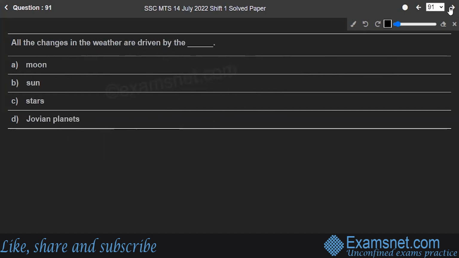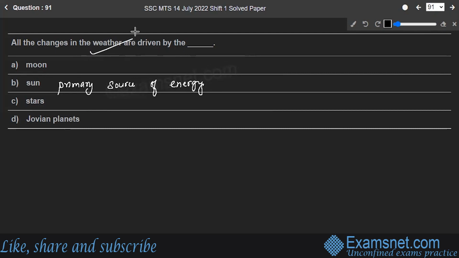Let's move to the next question, number 91. All the changes in the weather are driven by moon, sun, stars, or Jovian planets. Well, what according to you is the correct answer? Yes, I know everybody knew the answer to this question. It is the sun. Sun is the primary source of energy. The energy that Earth receives from the sun is the most important cause of our changing weather.